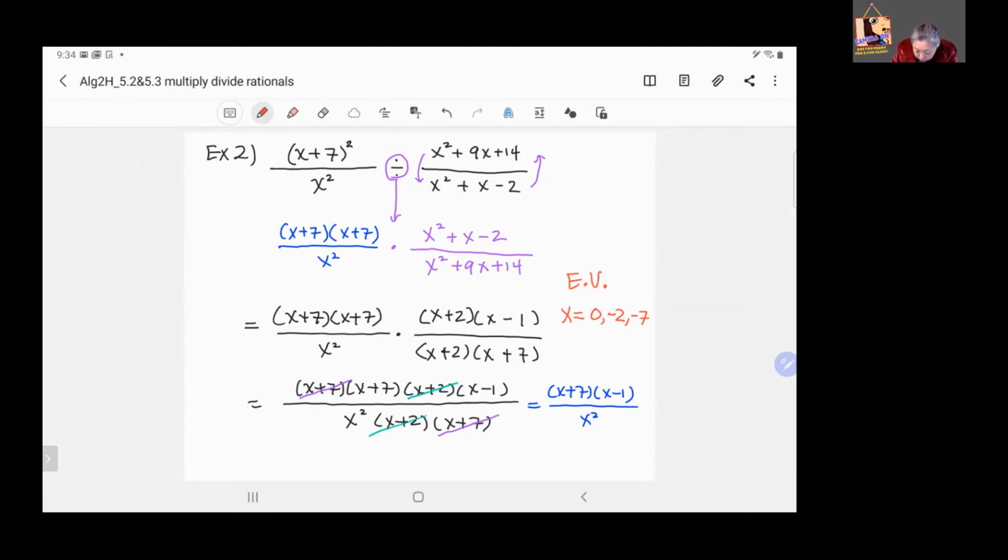But we also have to take care of the original expression, where x squared plus x minus 2 was the denominator before we flipped it over. Then x cannot be negative 2, but that was already covered by this. So one more excluded value: x cannot be positive 1 either. So this is what we have to announce here.